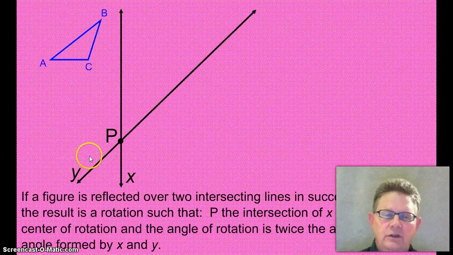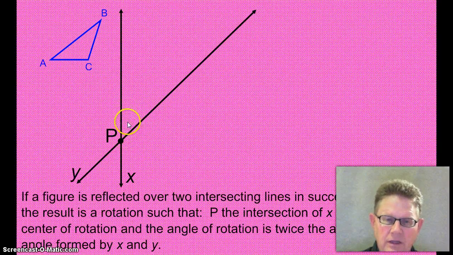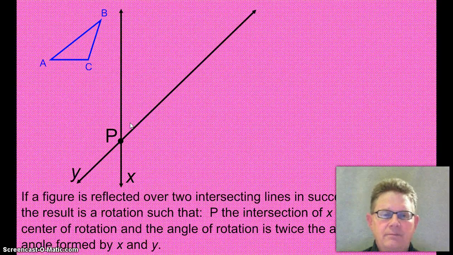If the intersection is not at a right angle, then we're going to look at the acute angle. So it would be this angle right here. The angle of rotation will be twice that.